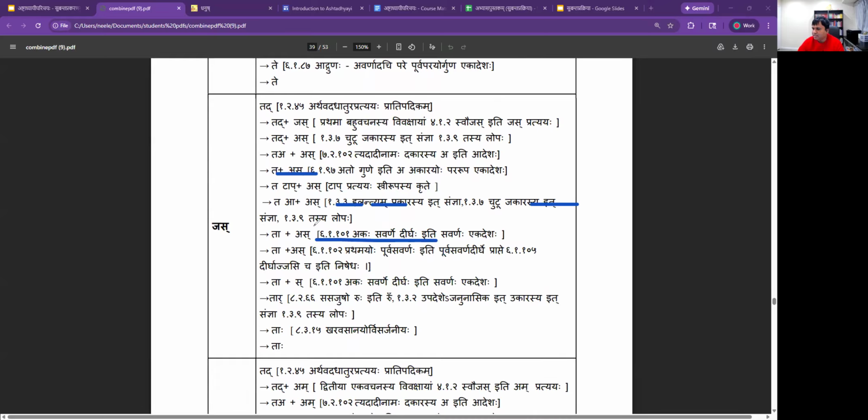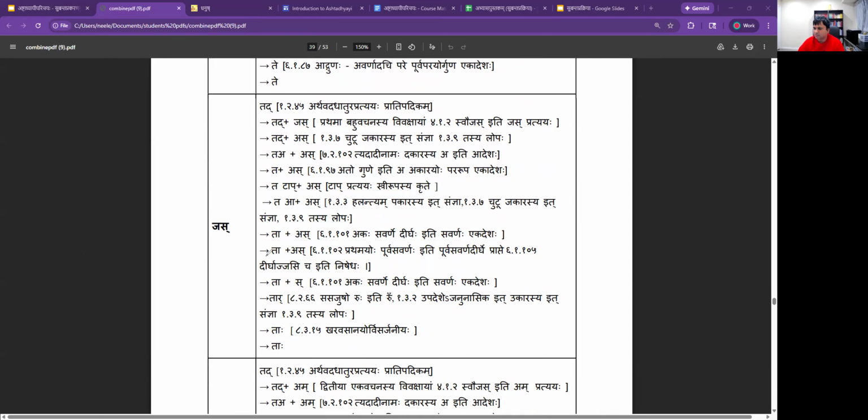In taha, it is again the same, so we can skip all the initial steps. They are going to be identical. So you have ta, ta plus a, by doing ato gune and adding a tap pratyaya and doing akasavarne dirgha, you have ta plus as and then you can take from there. Yeah.